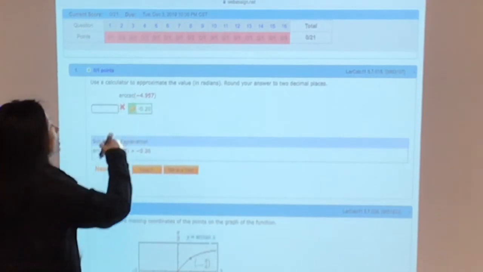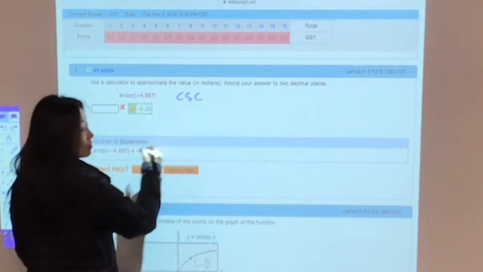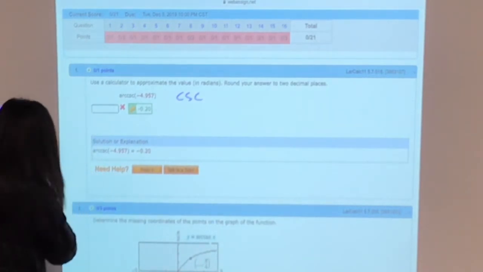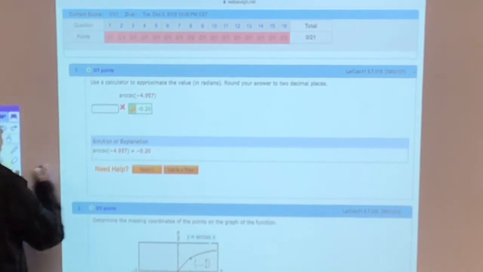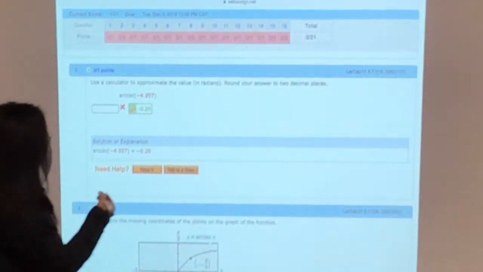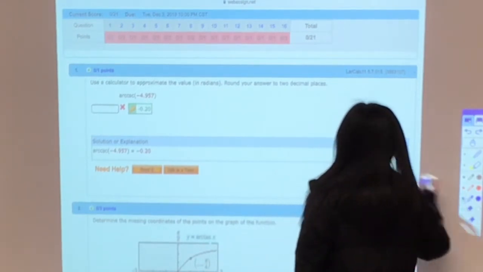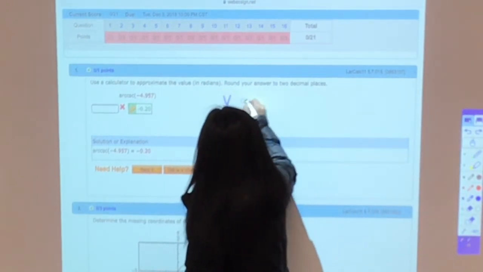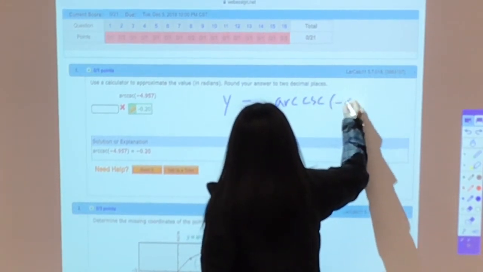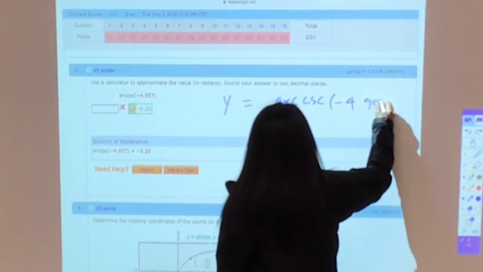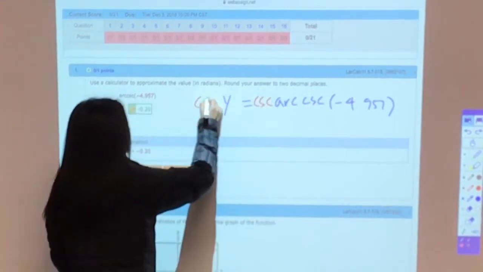So this really means I gotta find the secant of this number, right? Let's just do what we always do in class. So we start with y equal to arc cosecant of negative 4.957, and then we apply cosecant.